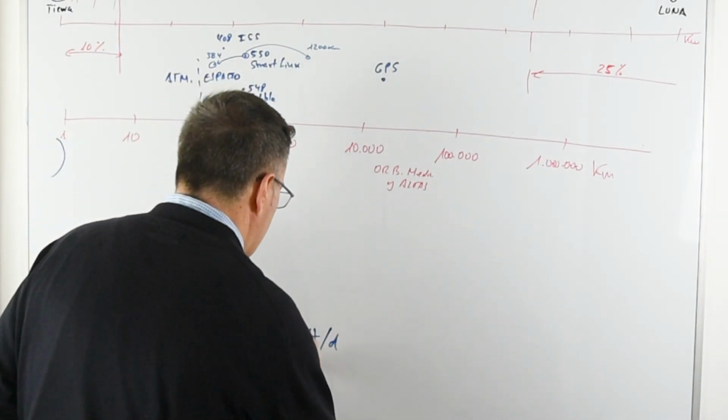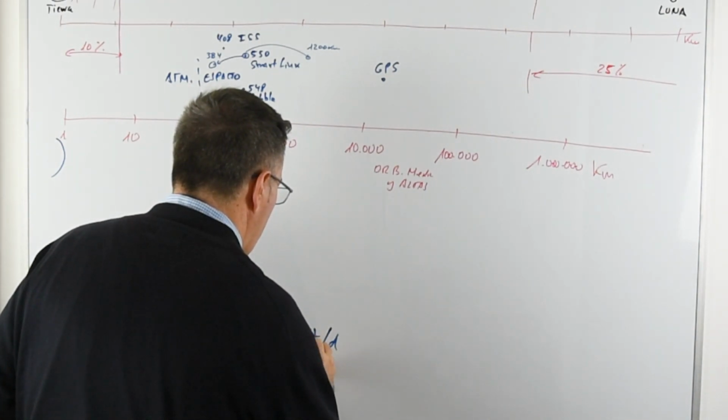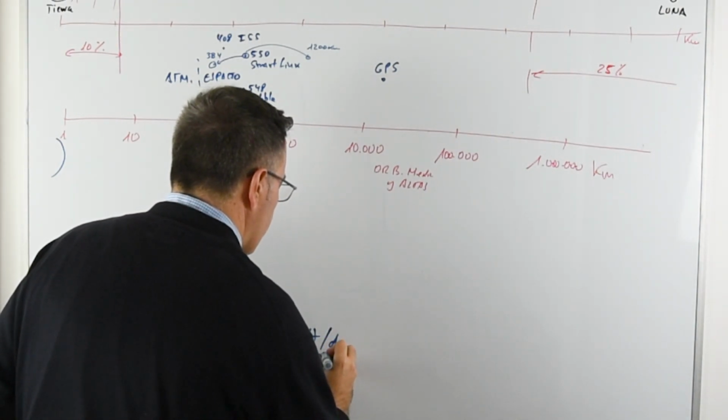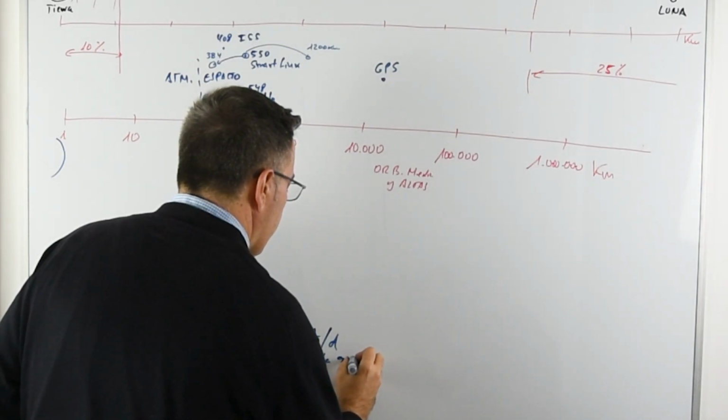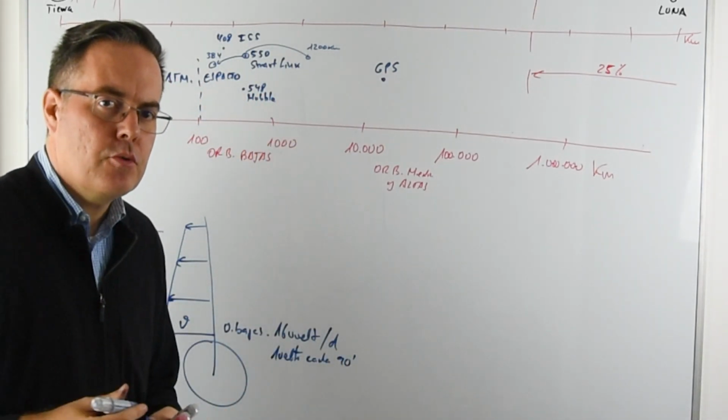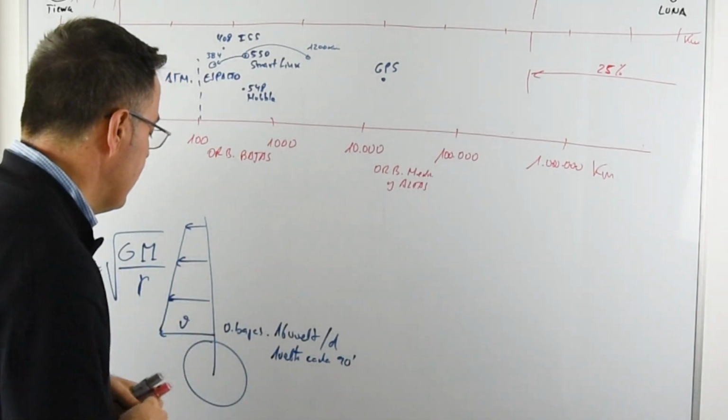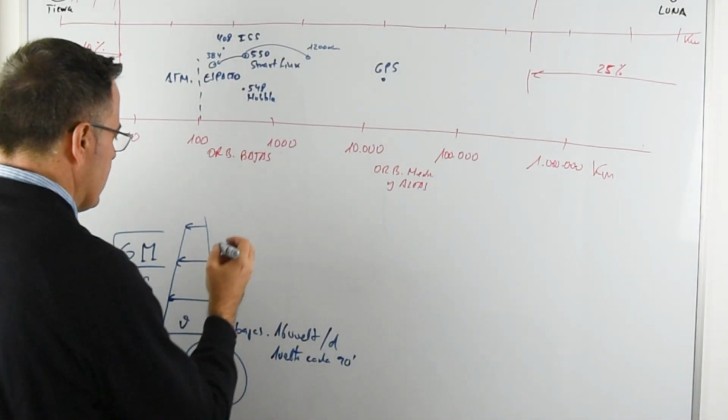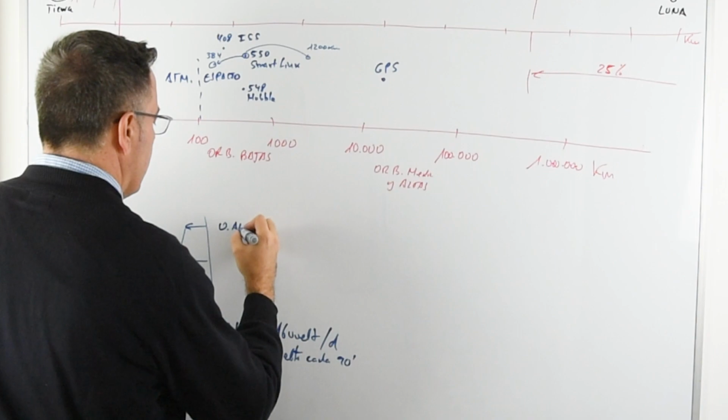That means that at this high speed, the International Space Station makes 16 turns around the Earth per day, around one turn every 92 minutes.